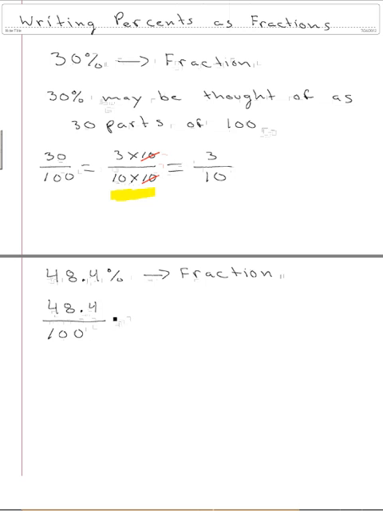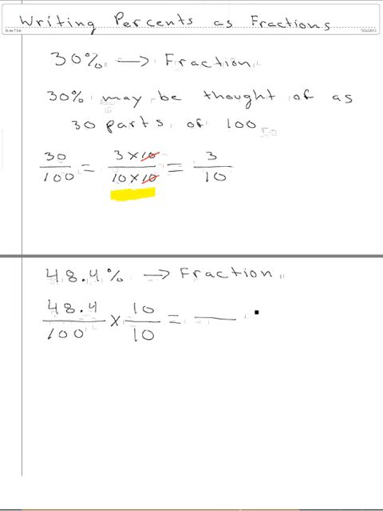And the way we're going to go about doing that is multiply both numerator and denominator by 10 over 10. Now I'm permitted to do that because 10 over 10 is equivalent to 1. So really, by multiplying 48.4 over 100 by the fraction 10 over 10, I'm not changing the meaning or the value of this fraction.